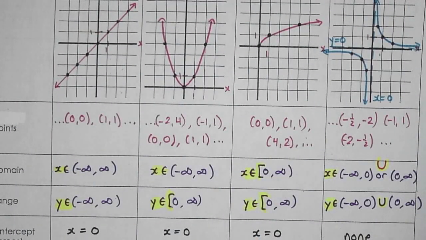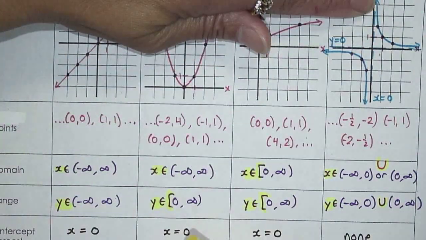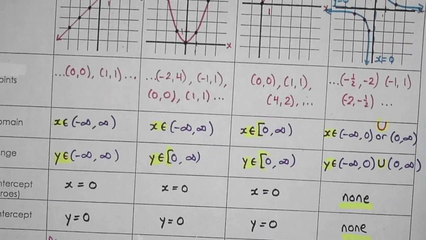Here, for the range, it heads down this way and up that way, but there's a split in the middle, so it goes negative infinity to 0 or 0 to infinity. In set notation, we said x cannot equal 0, but here in interval notation, you're saying which intervals it is. Any questions with that?